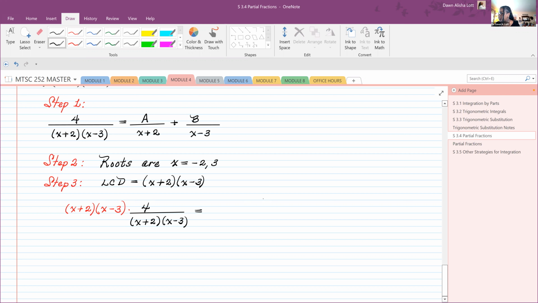And we're going to set that equal to x plus 2 times x minus 3 multiplied by the right-hand side, which is A over x plus 2 plus B over x minus 3.